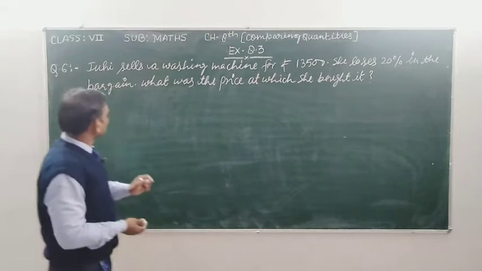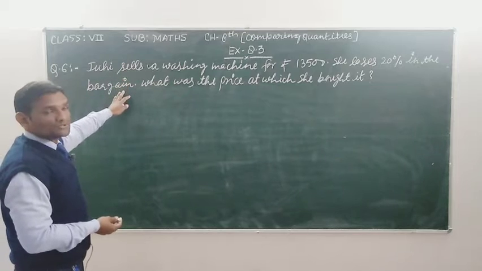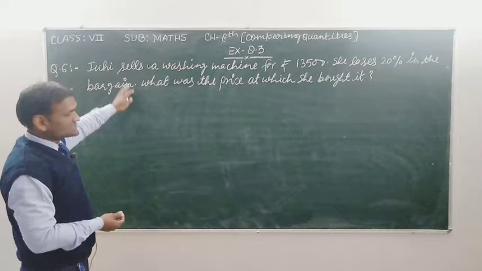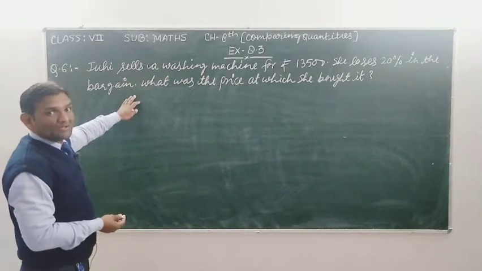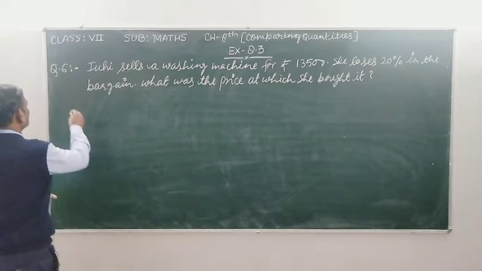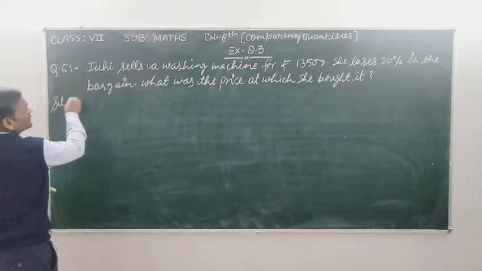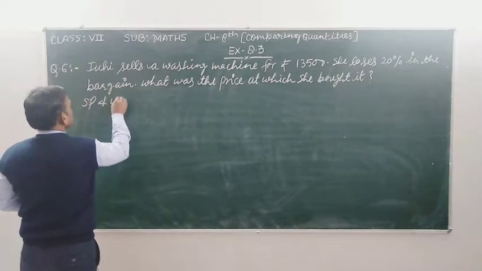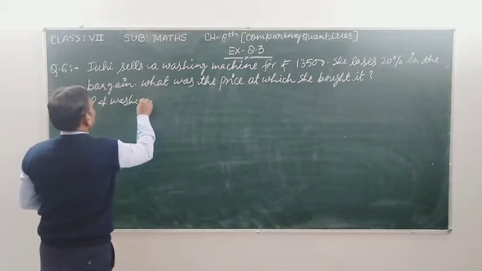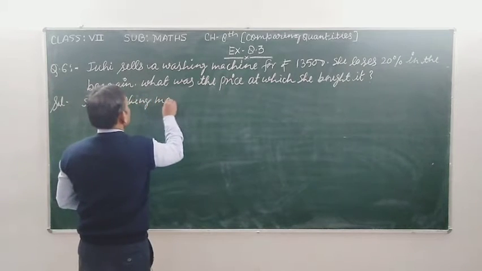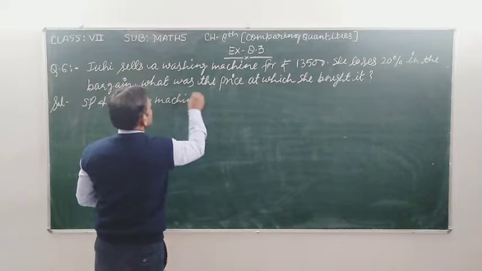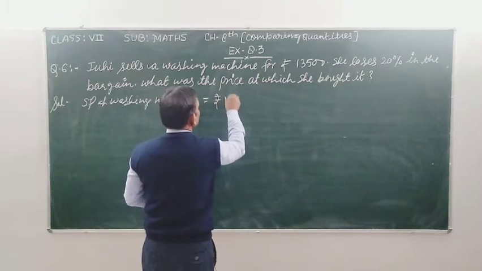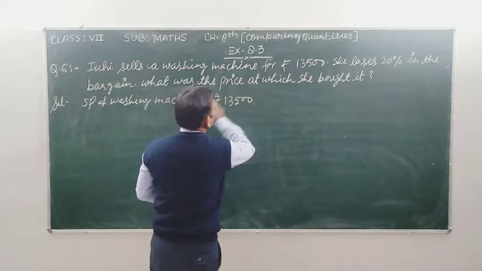So student, this is a word problem type question. So firstly whatever is given we have to note it. So I am going to solve it. SP of washing machine is equal to rupees 13,500.